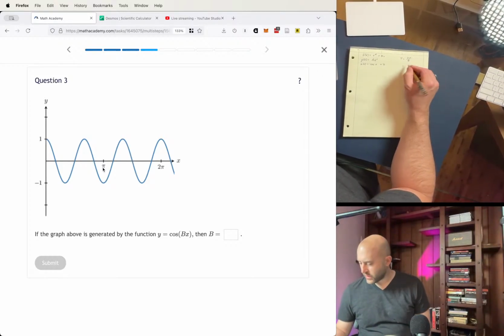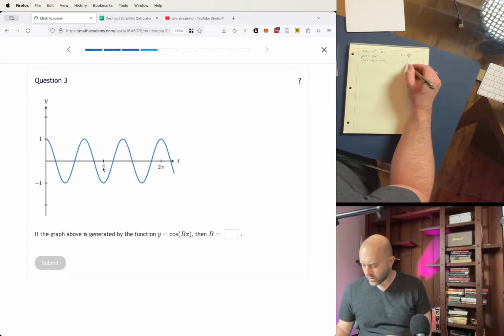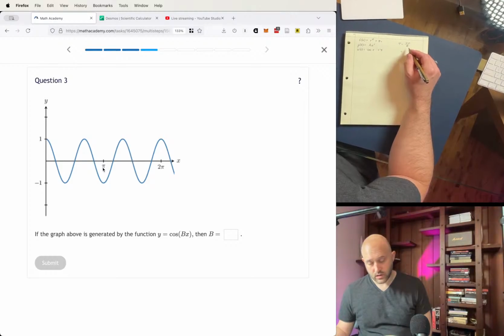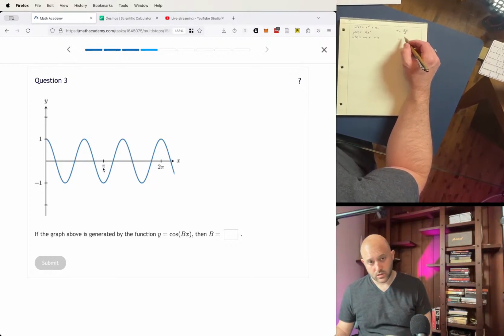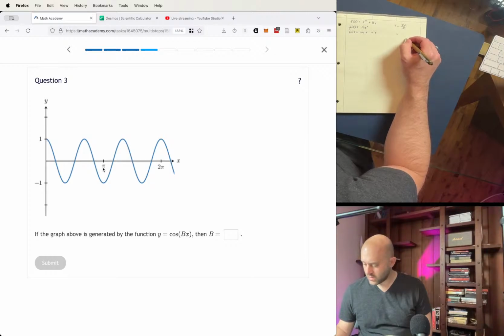So usually it takes 2 pi to go the whole way. So b is 1, but in this case 1 period equals pi, 2 pi over 3.